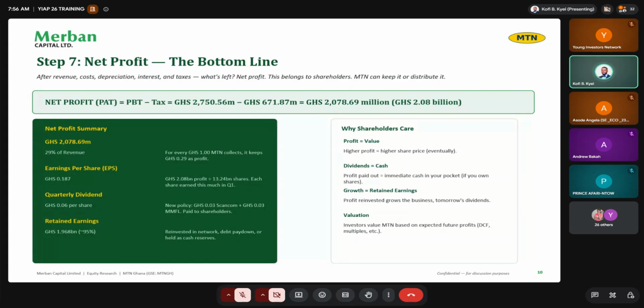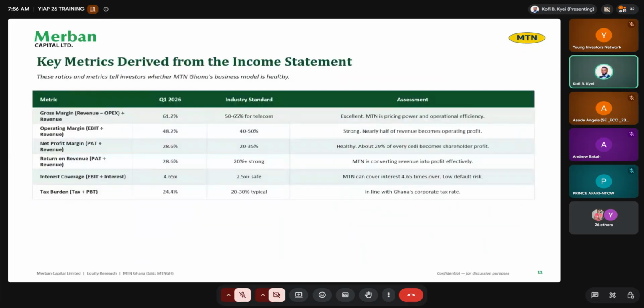Retained earnings are 1.9 billion, which is reinvested in the operations of the business, used to pay down debt, or held as cash reserves. So this is the net profit.